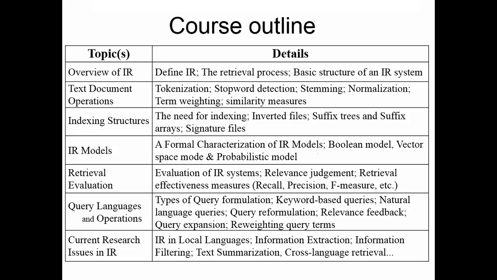So our information retrieval course basically deals with, one, the text operations to identify the terms that should represent the document collection and that should represent the query given from the users.